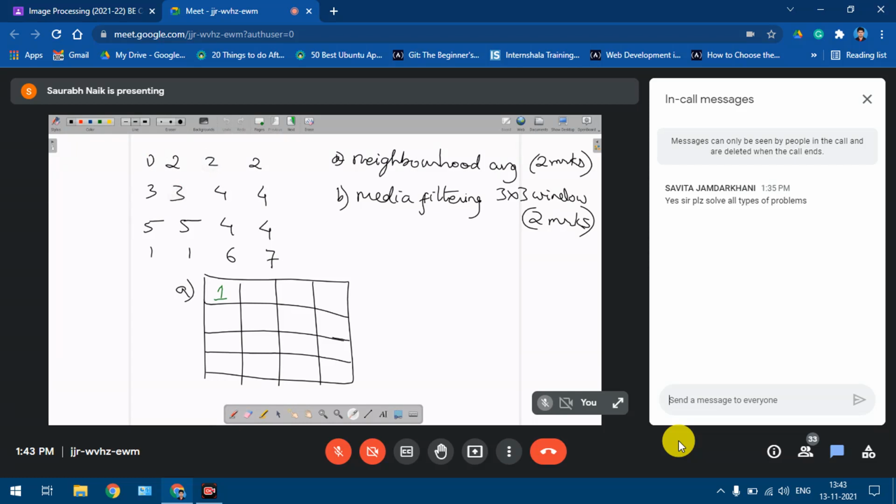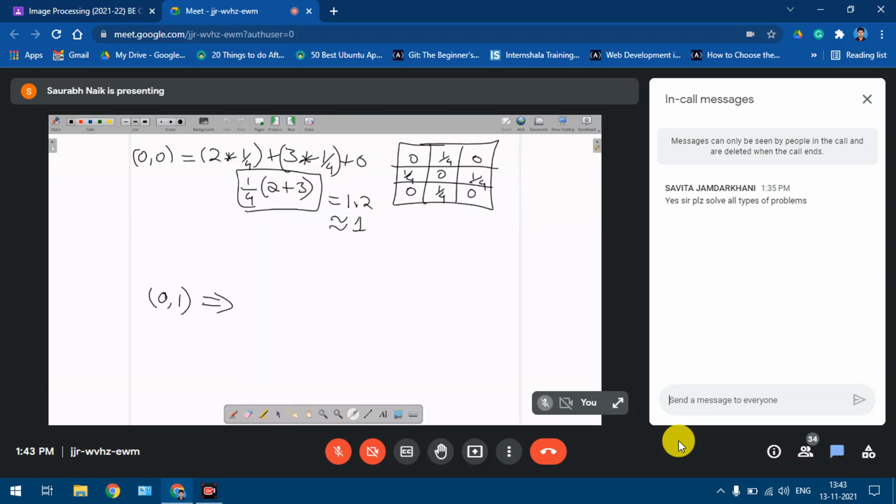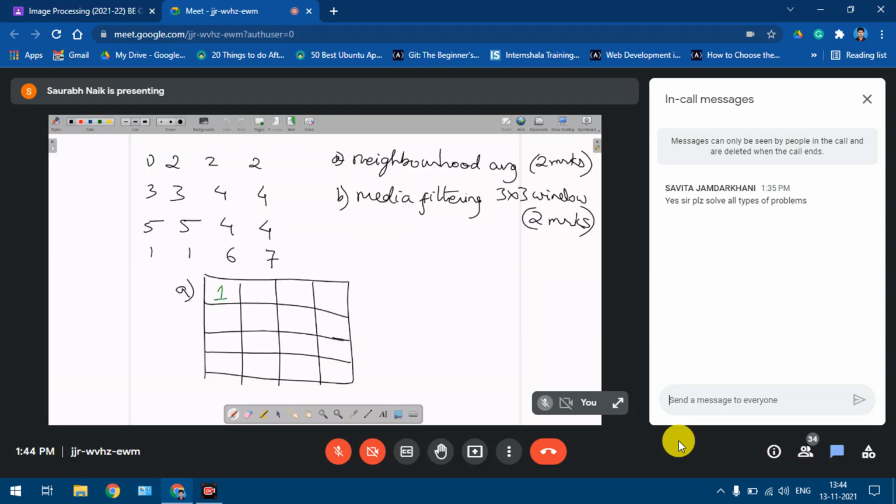So I can directly write as a shortcut 1/4 into 0 plus 2 plus 3. So this result will again come to 5 divided by 4, which will again come as 1. So I write here 1.